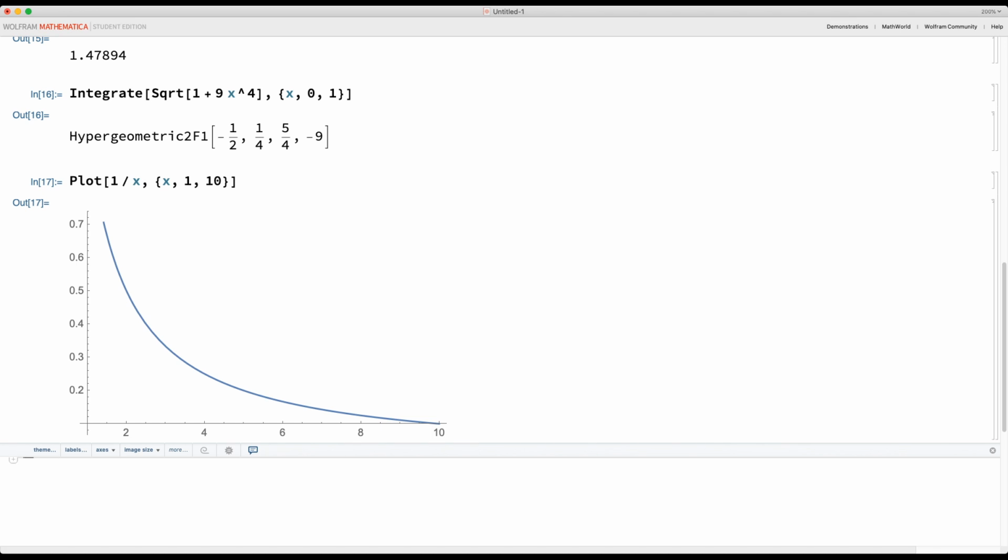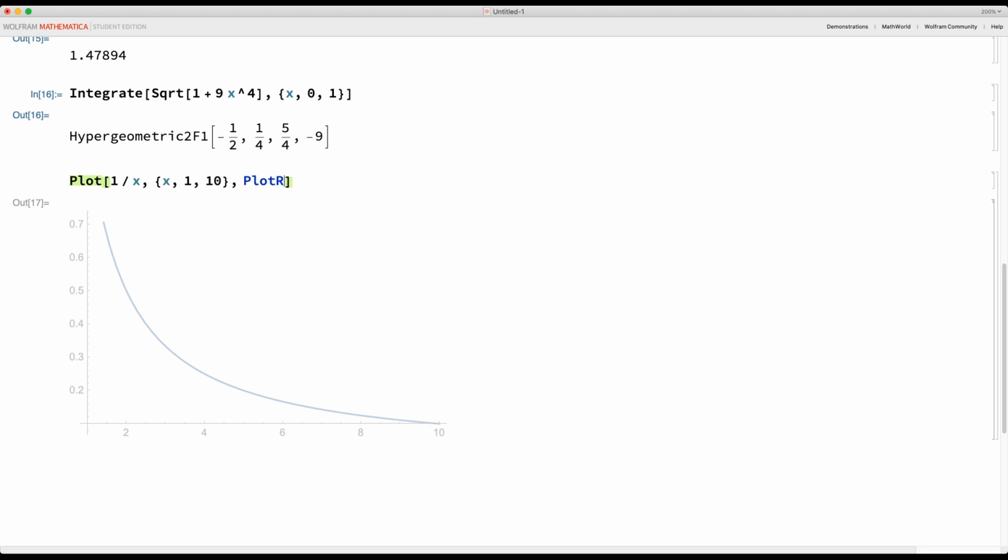Now, in particular, I'm not going to have to worry about the asymptote. So x equals 0 obviously is a problem for this function, but I'm not going to worry about that because I'm going to start at 1 and go on to infinity.